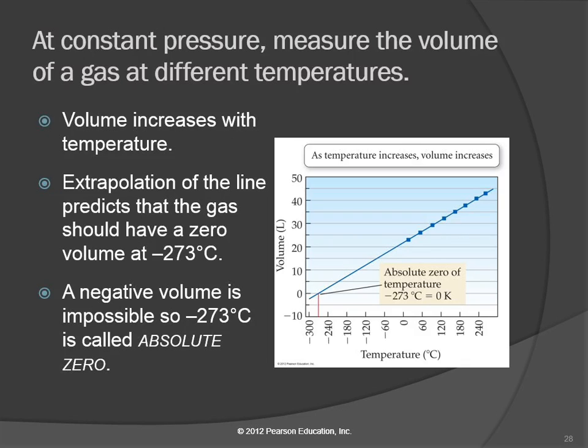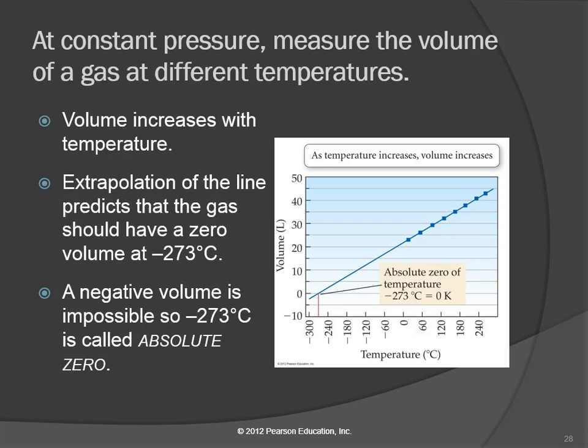So this is Charles' law relating volume and temperature. And so what we find is if we take a gas and we heat it, so here's 0 Celsius, and we heat it. As you heat it up, the volume, where's my pointer? The volume increases in a linear fashion.